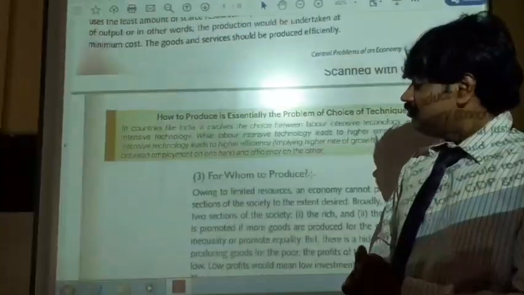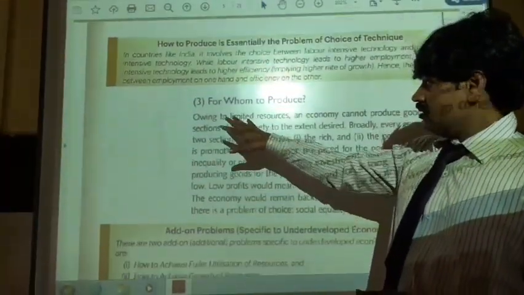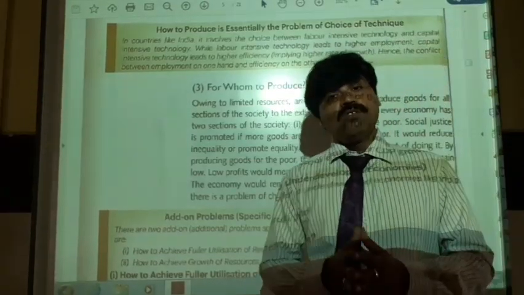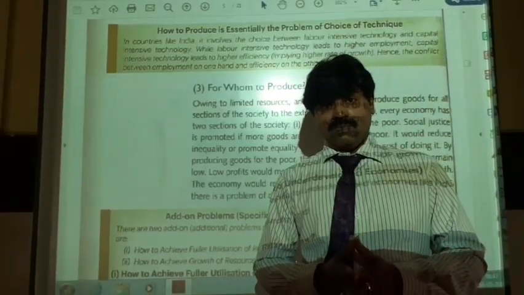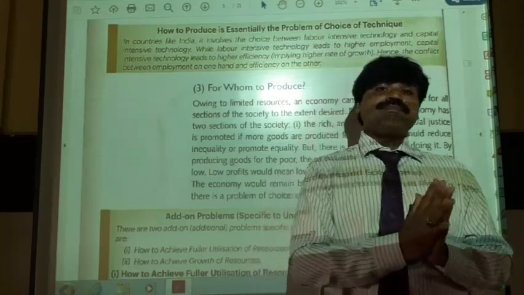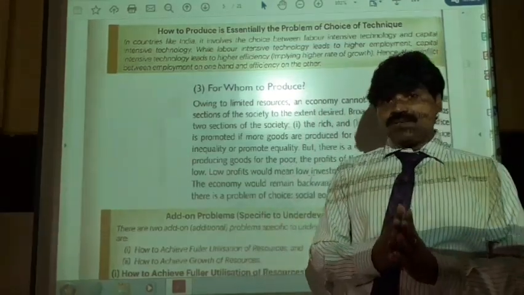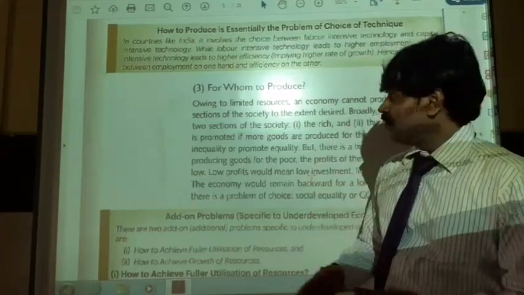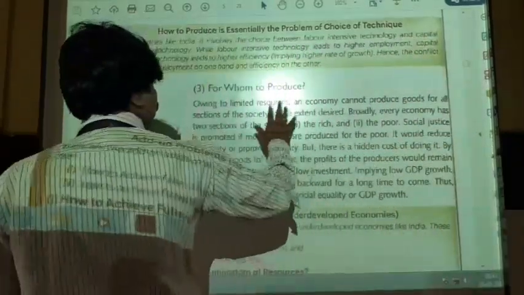Now we have the third problem: for whom to produce. After what to produce and how to produce, we have the third central problem, for whom to produce.